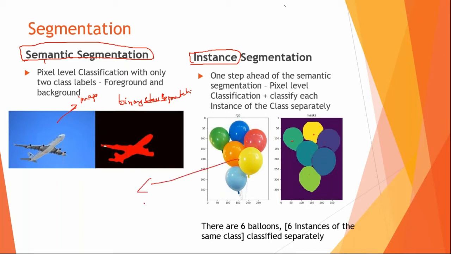All of these are foreground, but you find out the instances of these foregrounds, and you call that instance segmentation. This is one step ahead of the semantic segmentation, where you classify each and every pixel, and then you find out how many times these pixels are available or came into the image. That's called instance segmentation.